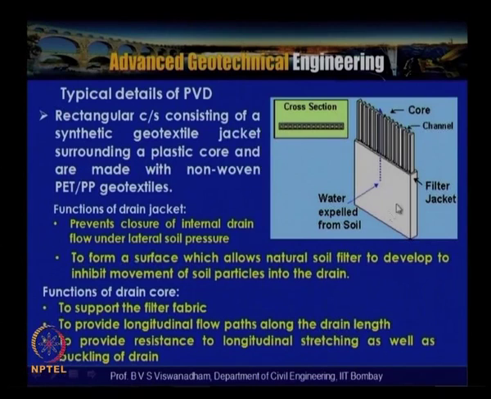If necking occurs, it is very difficult to ensure the so called discharge capacity, which is one of the prime components required in the design. So in this particular slide we have discussed the two prime functions of the components. One is the drain jacket, the other one is the drain core.